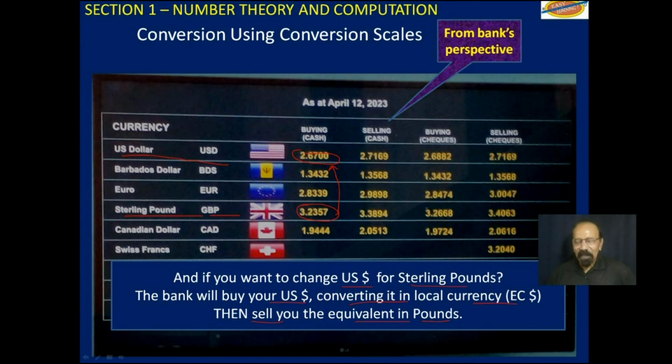That way, the bank will ensure that it is buying at a lower rate and then selling you at a higher rate. So remember, the bank is always there to make a profit. It is not there to befriend you.